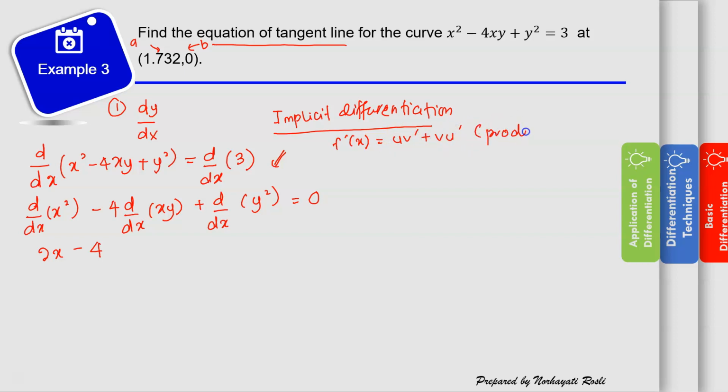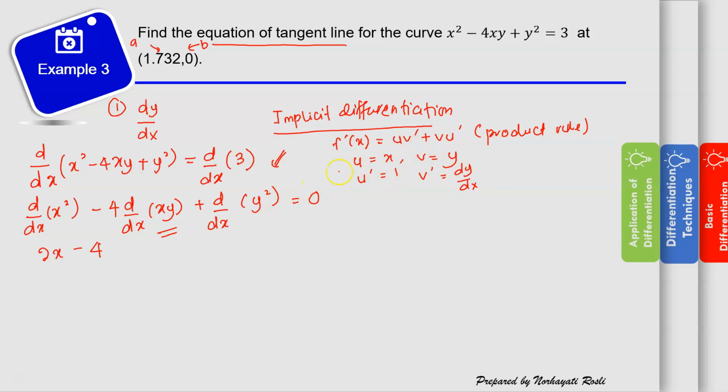So in this case, let's say u equals x, v equals y. This is just for this part only. Then differentiating u, u prime equals 1, but when we differentiate y, we get dy dx.